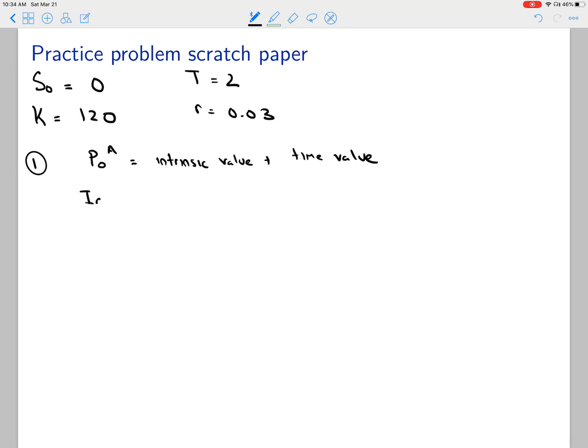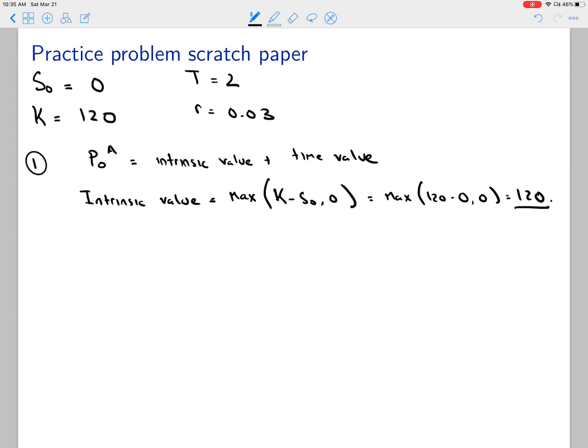Intrinsic value, again, is still just going to be the tangible value of the option, or the value of the option if you exercised it today. It's a put, so the value if you exercise today would be K minus S0, which is equal to, plugging in inputs, 120 minus 0, which is 120. So the put option has an intrinsic value of $120.